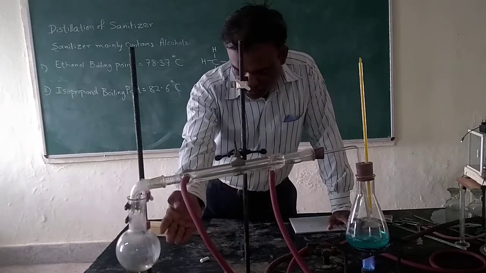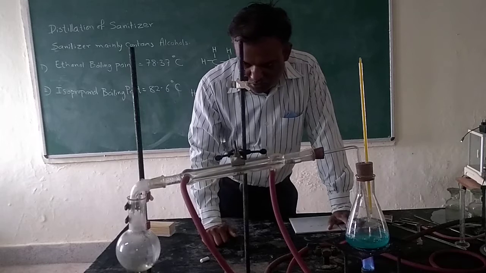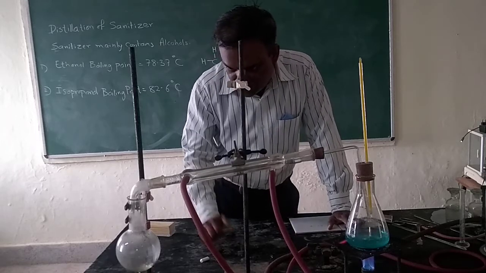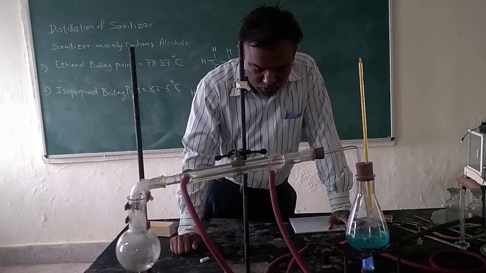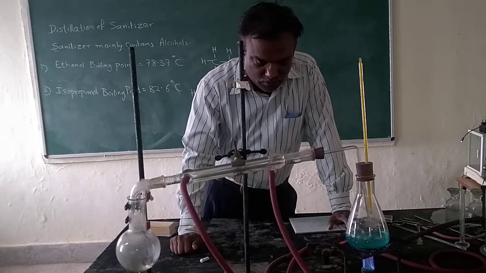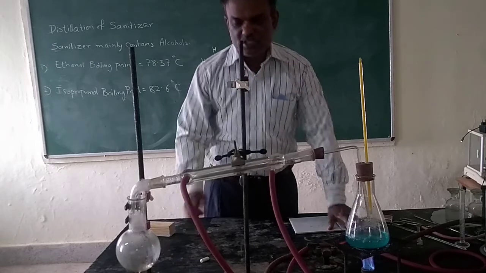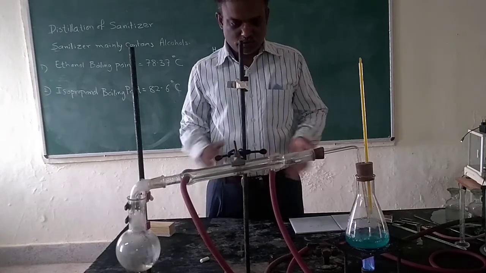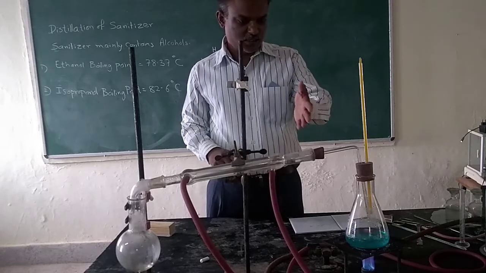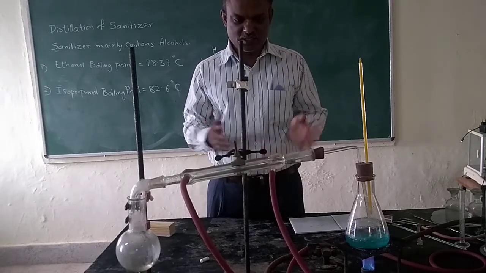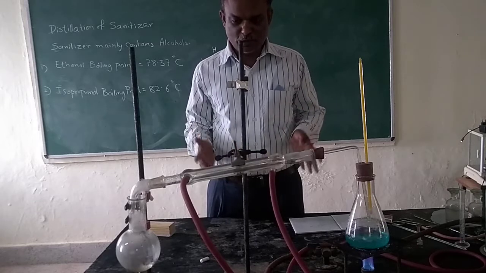See that here also the liquid is coming out. We started it, the liquid is coming out, and this is pure isopropanol, and from this experiment we conclude that the given alcoholic sanitizer contains isopropanol.